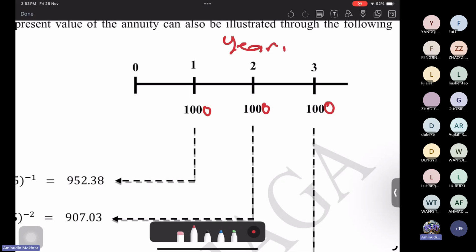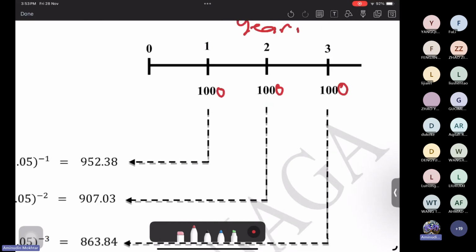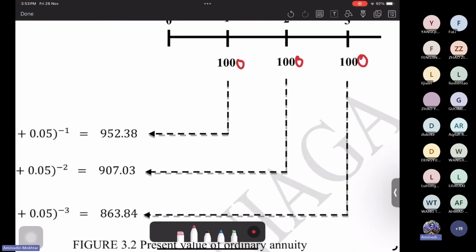That's about the present value of the annuity. Now we need to calculate the present value of the first 1,000, second 1,000, and third 1,000, for every year.